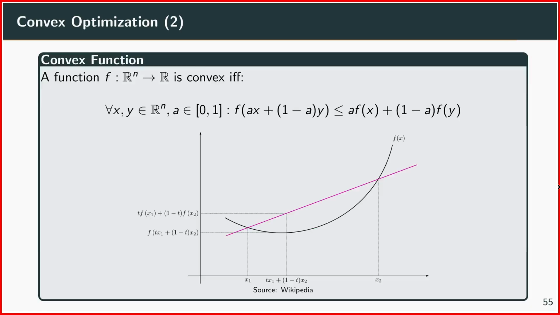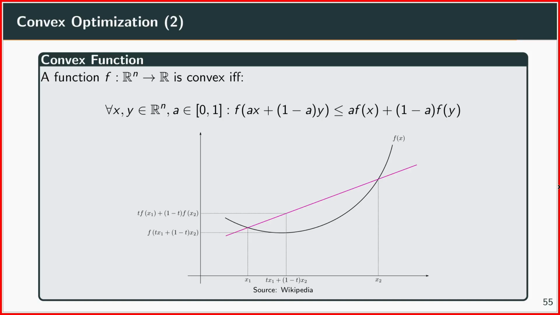Another concept which is important is the one of a convex function. So we go back to this function f, which goes from Rn to R, and this function is defined to be convex if whenever you choose 2 points on this function and you draw a straight line, then everything of the function between those 2 points is lying below the straight line here.